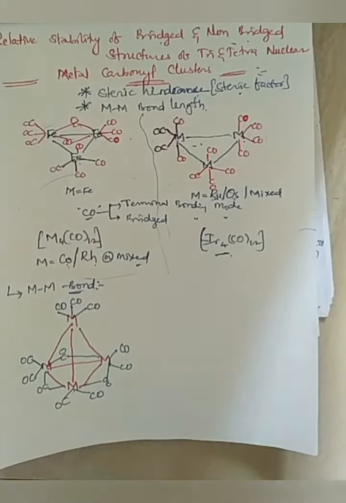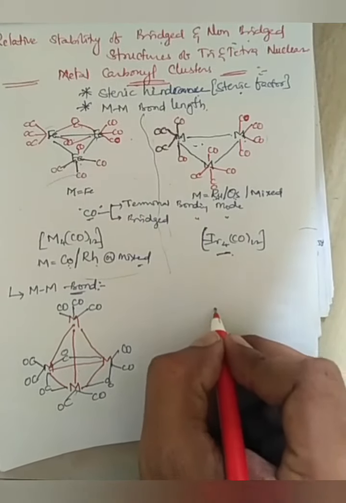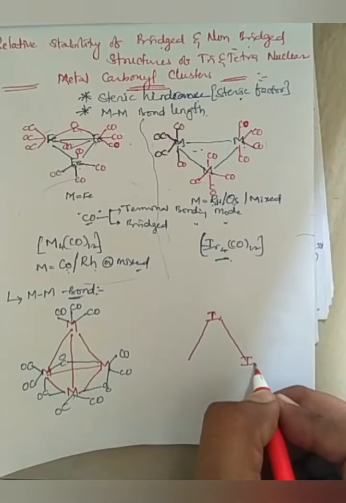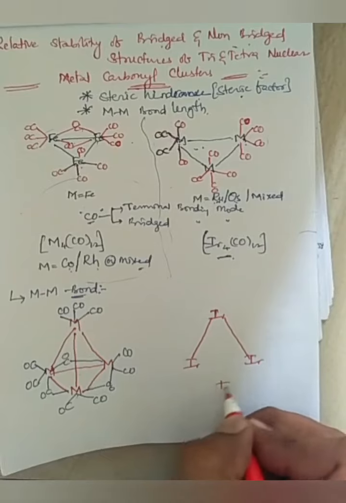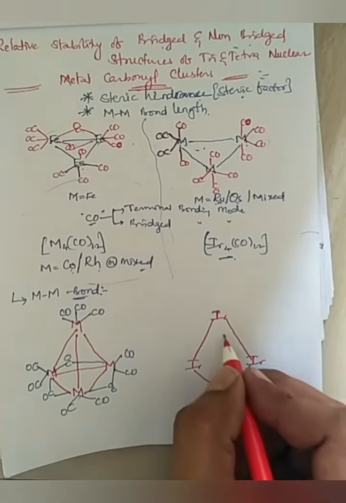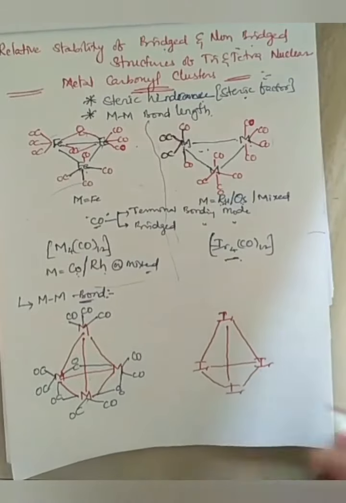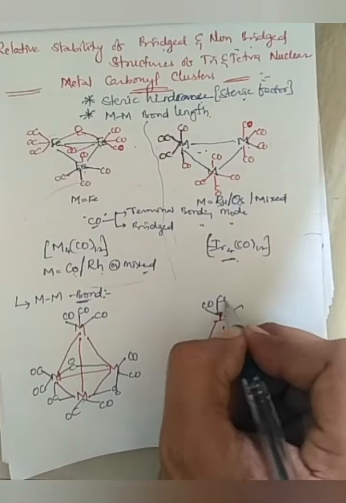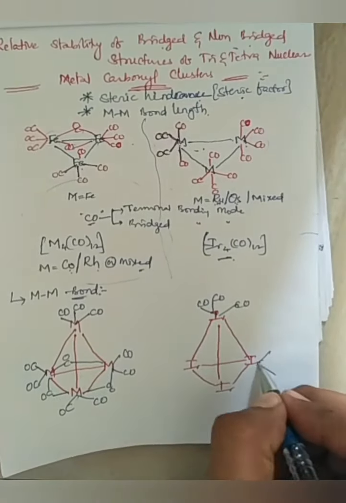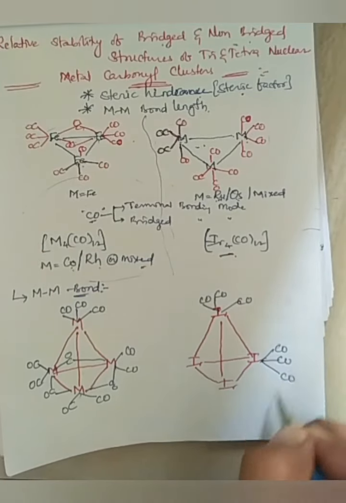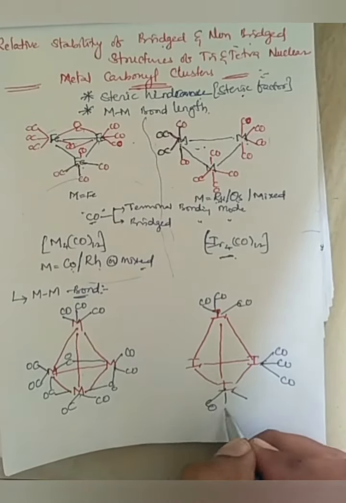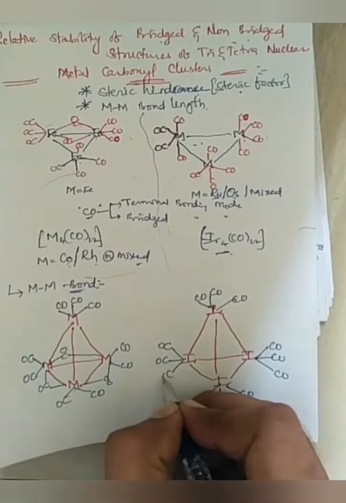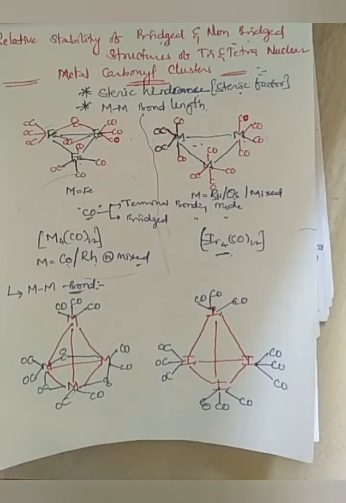Whereas the iridium structure is non-bridged, where all four iridiums have three terminal carbonyl bonds each. So the difference we will now count with respect to bond lengths, right?